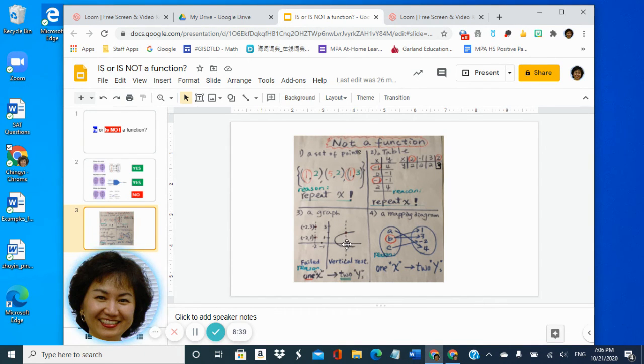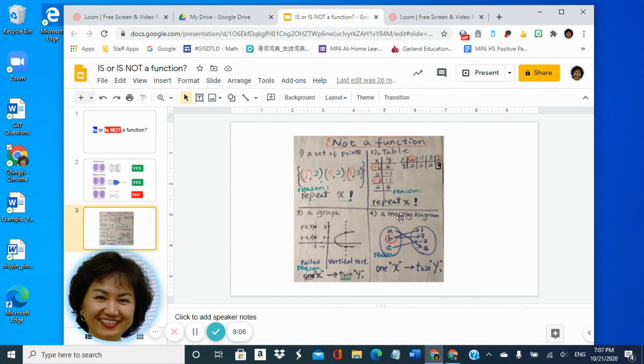So it's 1 x, but with 2 different y's. We say this case failed the vertical test. It is 1 x mapped to 2 different y's. So this is not a function.